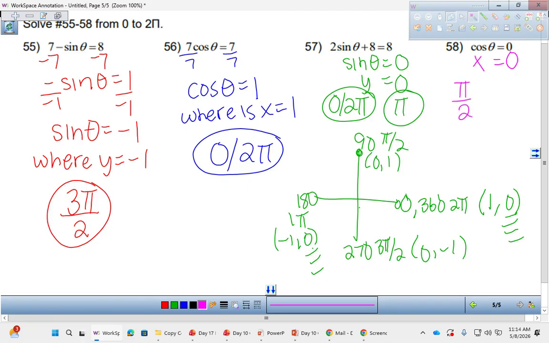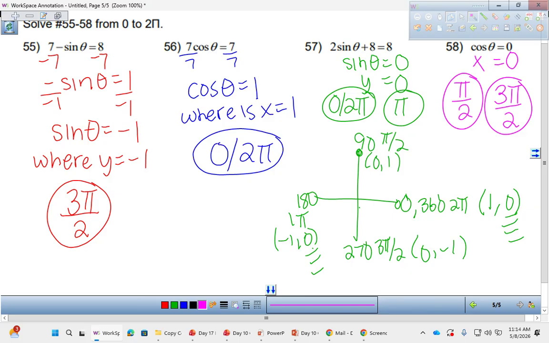Pi over 2 and 3 pi over 2. So it's 2 answers? 2 answers. And sometimes it's not, because the ones have 1 answer. Cosine is 1 at one place, but it's 0 at 2. So you have to just look at the coordinate points.